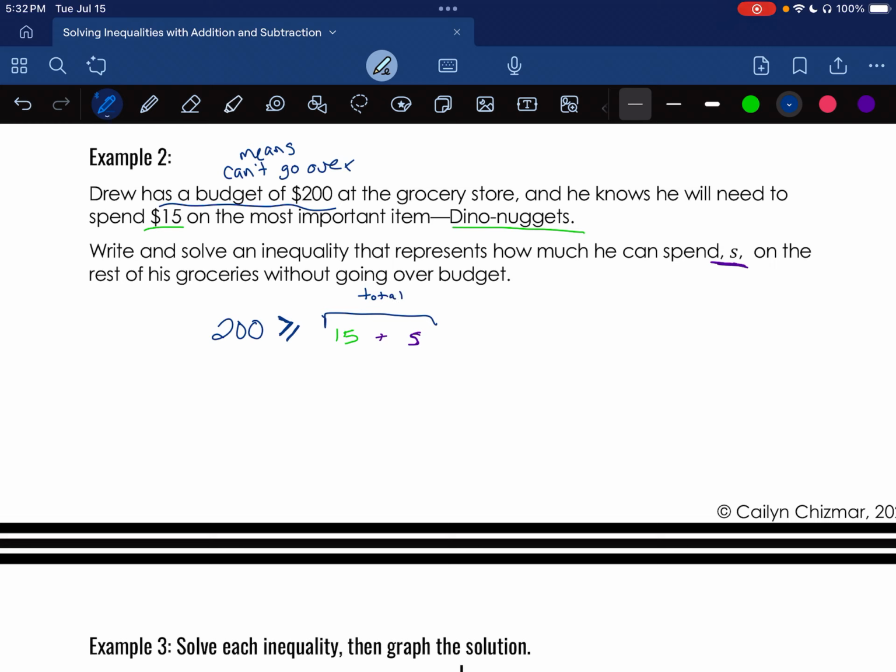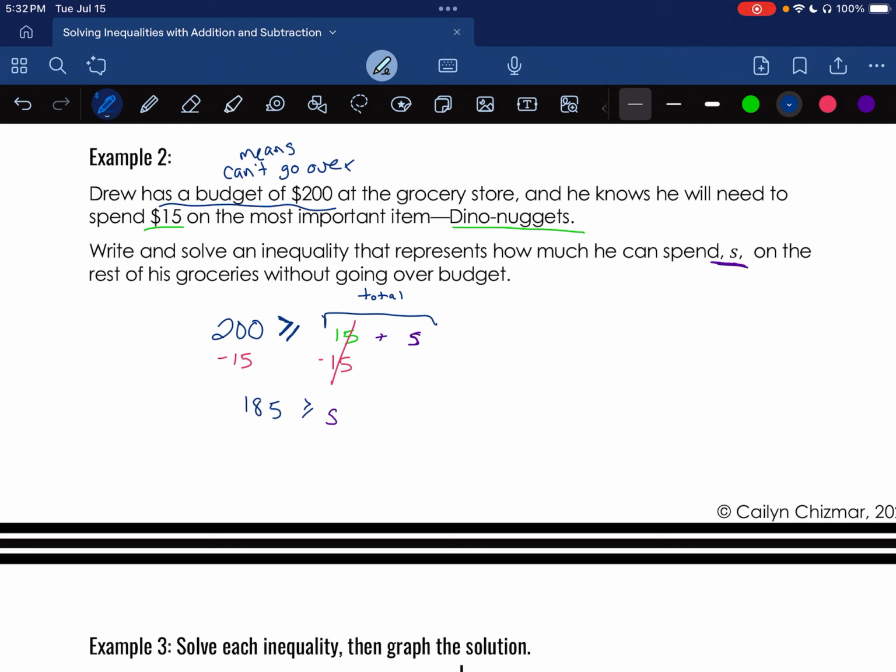So if we're going to solve to see what he can spend of the rest of his budget, we'll end up taking away that 15 for the dino nuggets and seeing what's left. And so we'll have 185 is greater than or equal to S.